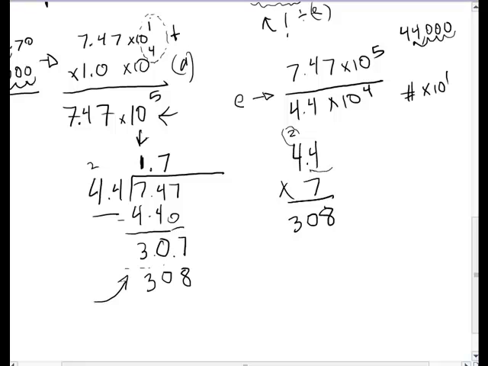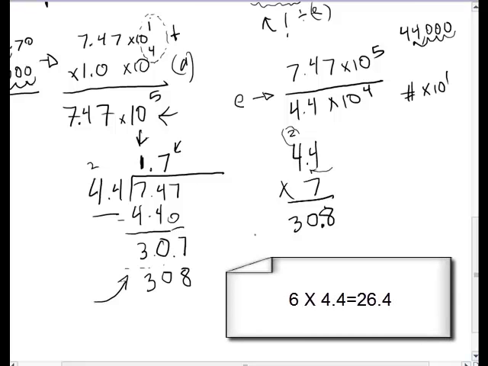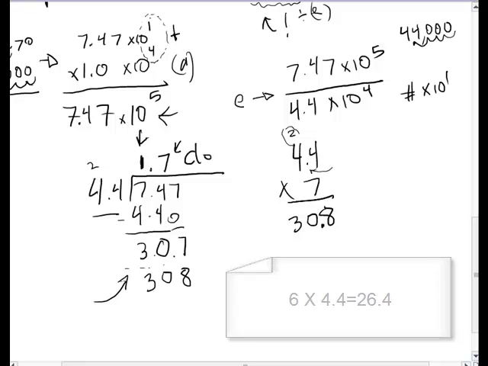We have 1 decimal here, so we give it 1 decimal here, so it's 30.8. See how that's too big? We know it's slightly less than this 7. 6 would be 26.4, I think. I'm just going to leave it as 1.7 as my close estimate. I'm going to say that's close.